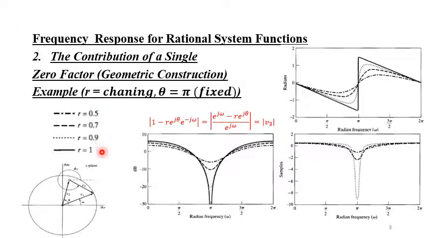In particular, r equals 1 is represented by the solid line, and you can see when omega equals pi, the magnitude in dB approaches minus infinity for the case of r equals 1. Although for all values of r there is a dip in the response, if you carefully notice, for r equals 1 the response reaches minus infinity.